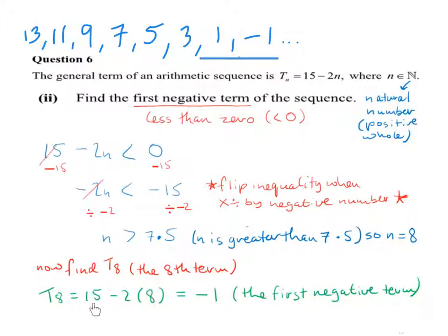So it's 15 minus 2 times 8, and 2 times 8 is 16, and 15 take away 16 is minus 1. So minus 1 is the first negative term. We knew that from the start because we could see it once we'd written out our sequence, but it is better to do it algebraically using our inequality symbol.